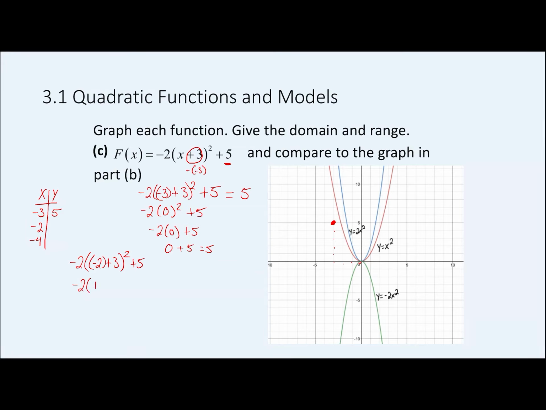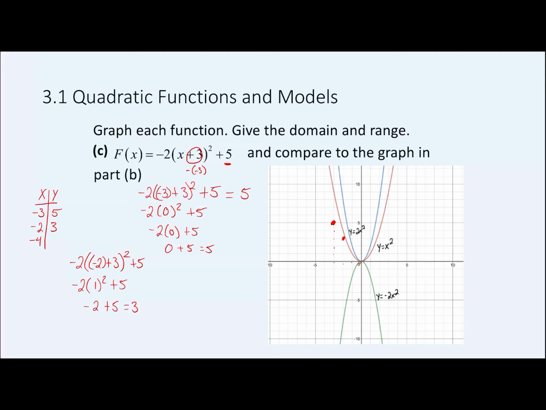And we're going to do the same thing with the -2 and also the -4. So if you take the -2 and substitute it in, we have -2 times (-2 plus 3) squared plus 5. So -2 plus 3 is going to be +1, squared, plus 5.